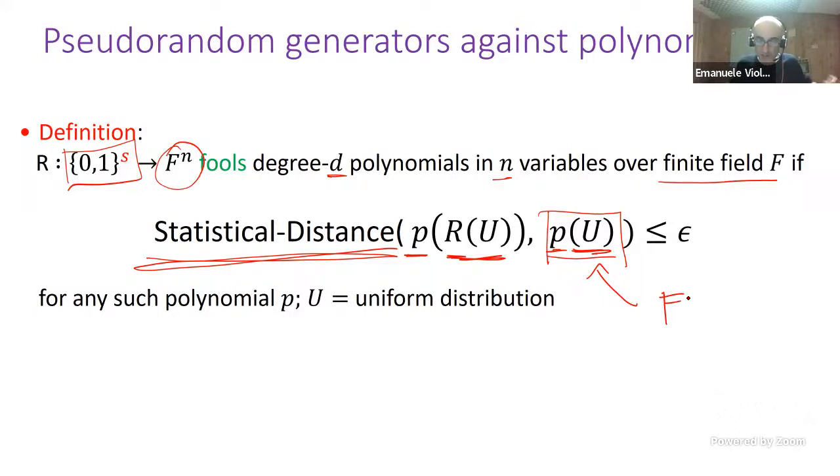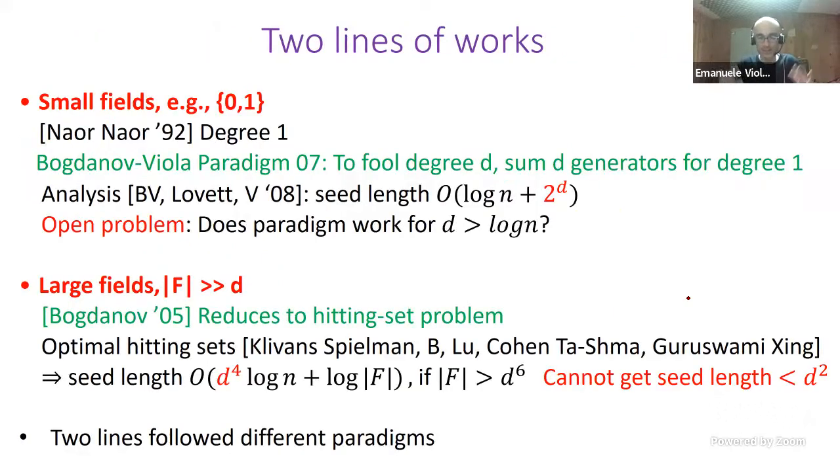There are actually 2 lines of work on this. One is the case of small fields, and everything that I was mentioning until now, except for a small remark, is for small fields like 0, 1, mod 2.